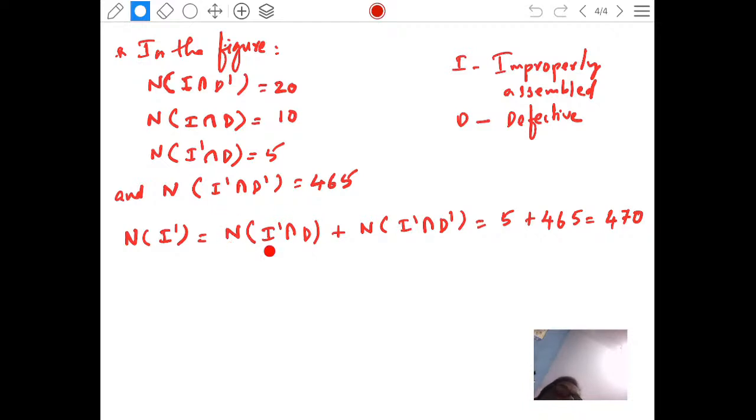Okay, so this makes some logical sense. Because I stands for improperly assembled, I complement stands for properly assembled.